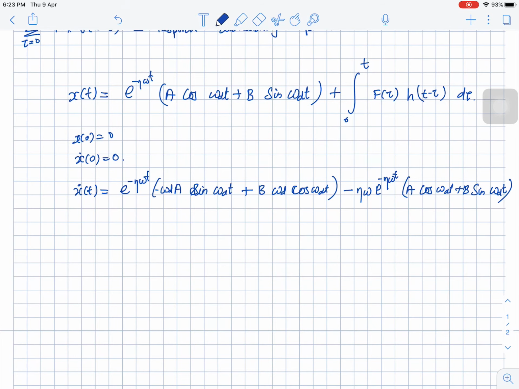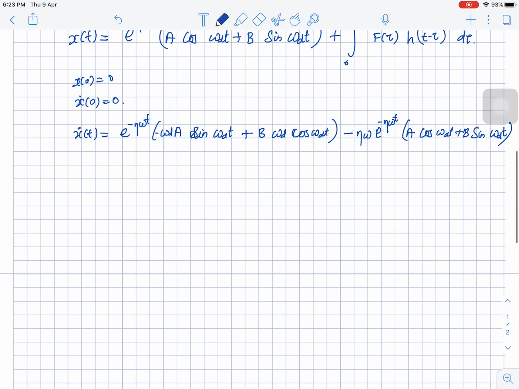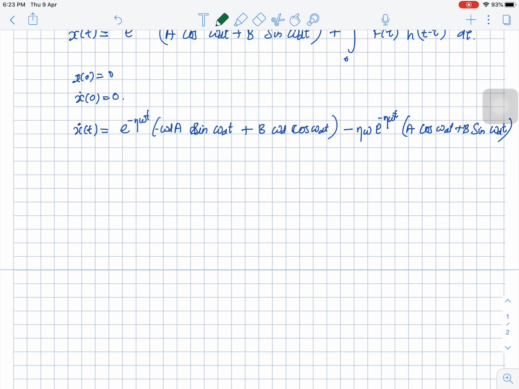Then we need to take the derivative of the integral term. For that we need a rule called Leibniz rule. If we have an integral I of x from a of x to b of x of f of x comma tau d tau, this is the form of the integral.